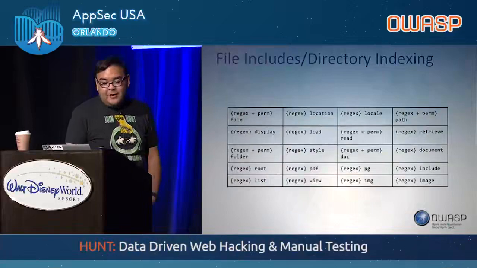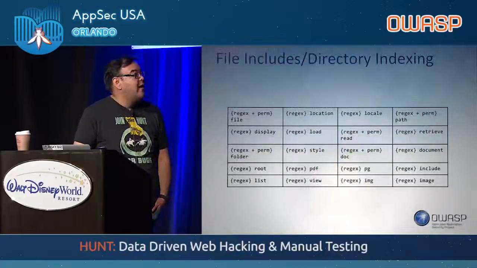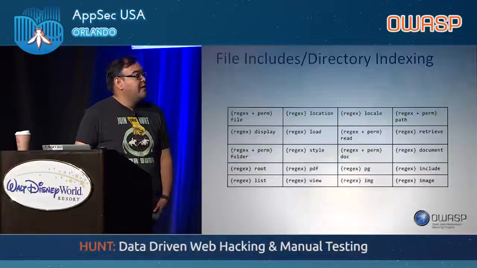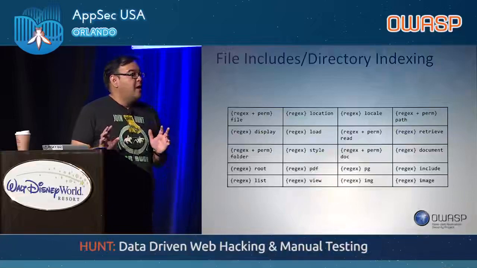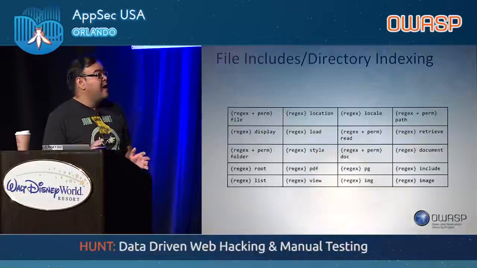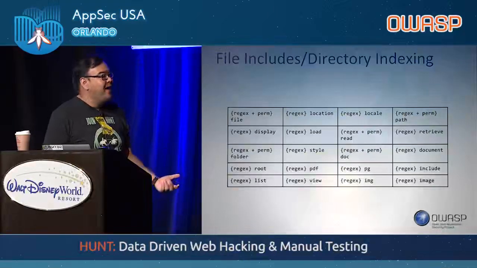Next vulnerability class, file includes. This includes both remote and local file includes, as well as directory indexing. A lot of the parameters had to do with both vulnerability classes. You'll see there: file, location, locale, path. Again, it's very simple stuff.